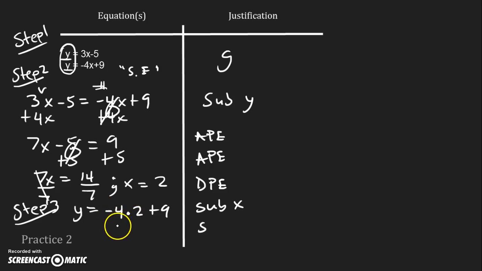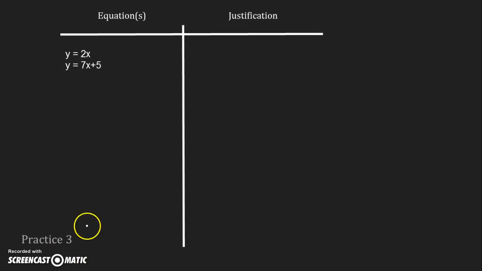So negative 4 times 2 is negative 8 plus 9. Negative 8 plus 9 is a positive 1. You don't need to write plus 1. Alright, I just wrote a negative because I made a mistake, so I changed it to a positive. Our answer here as a coordinate point is 2 for x and then 1 for y. That's correct. Final example for today.